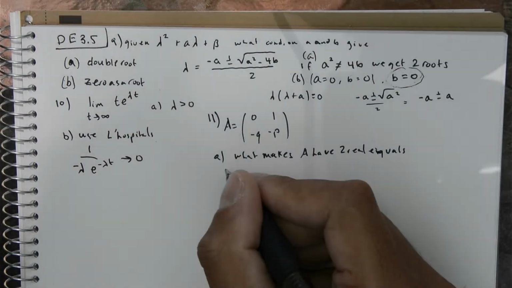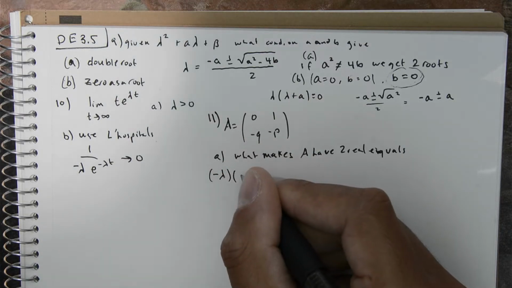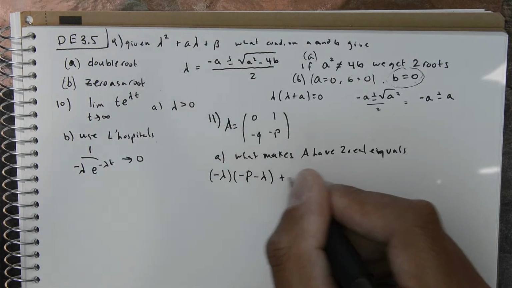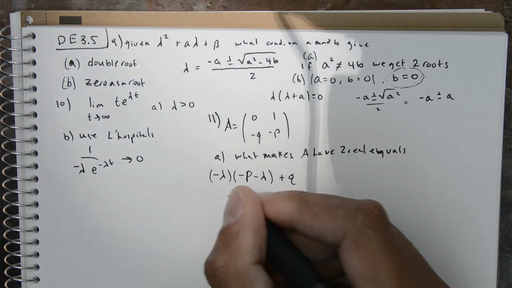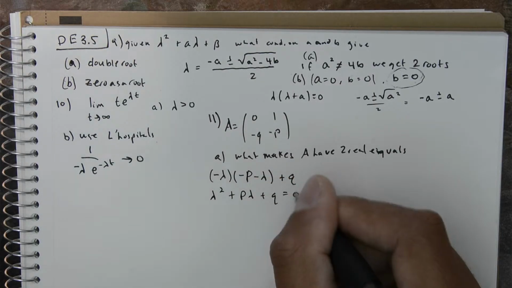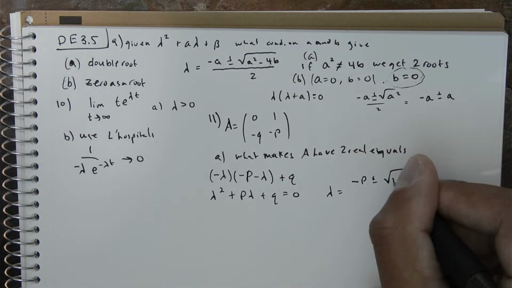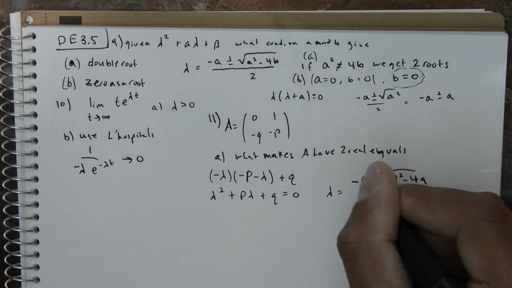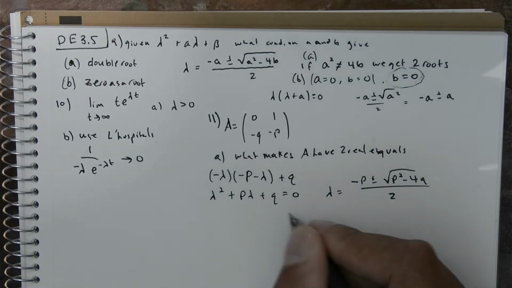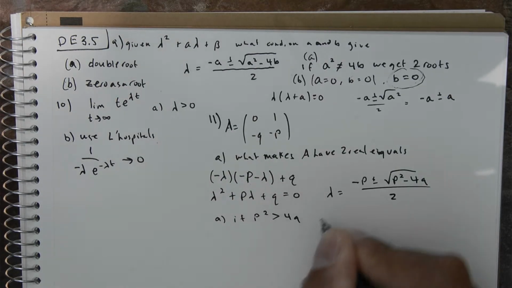So if it's going to have two real eigenvalues, p squared is greater than 4q.